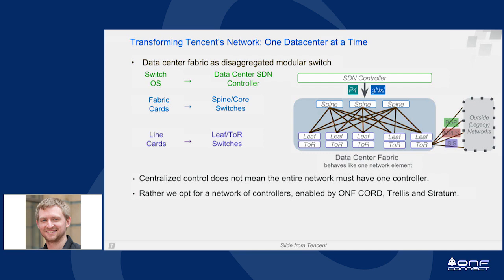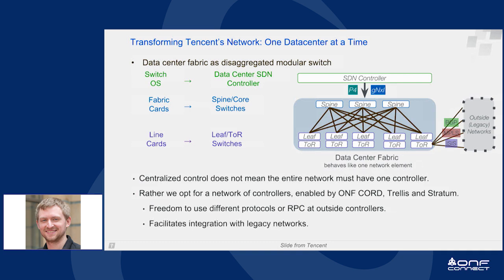One of the things they're planning to do in this use case is to opt for a network of controllers, and some of those controllers look a lot like a CORD pod. Ultimately, having freedom to use different protocols or RPCs is important to them. Another important aspect of the overall solution is interoperability between various networks.